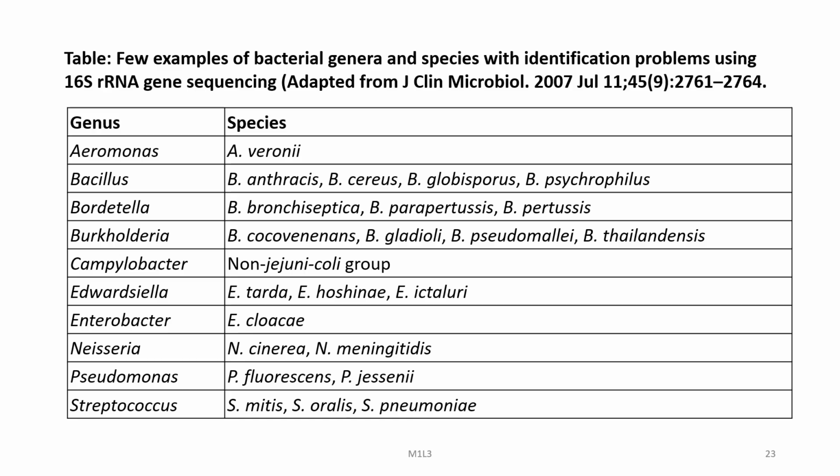You have various genera like Aeromonas, Bacillus, Bordetella, Burkholderia, then Campylobacter, and some of these genera have many species which suffer from this kind of limitation, like in Bacillus you have anthracis, cereus, globisporus and psychrophilus.